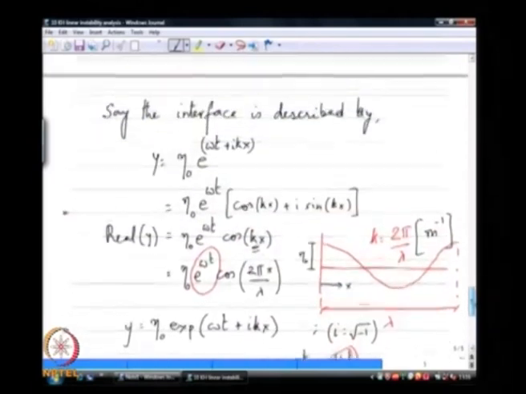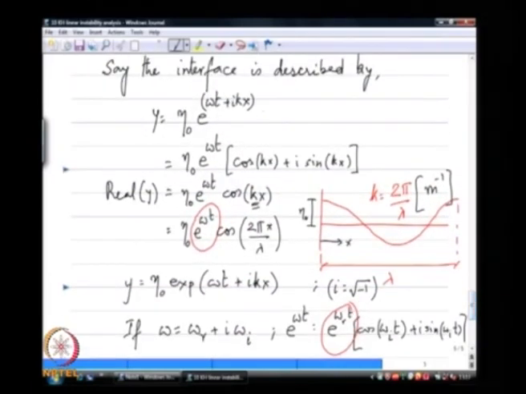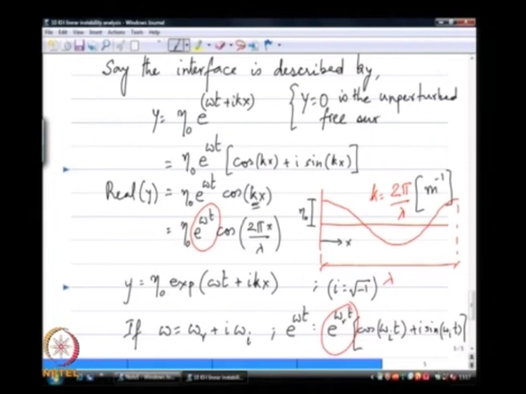Now, we have chosen to impose a disturbance on the meniscus. Remember, just for clarity, I will say y equal to 0 is the unperturbed free surface.